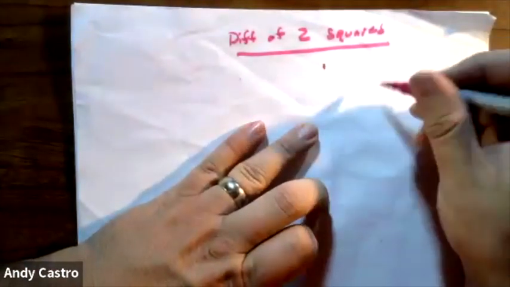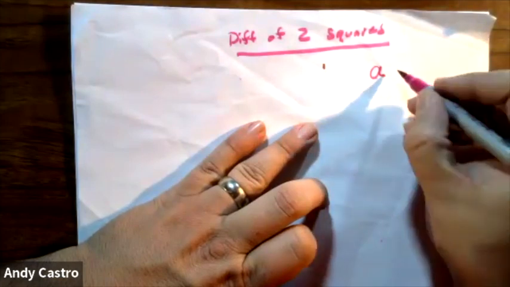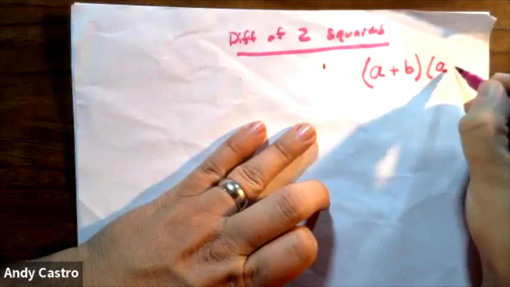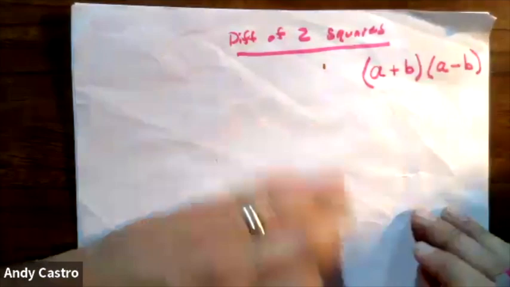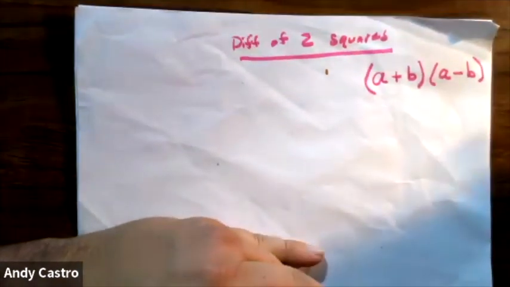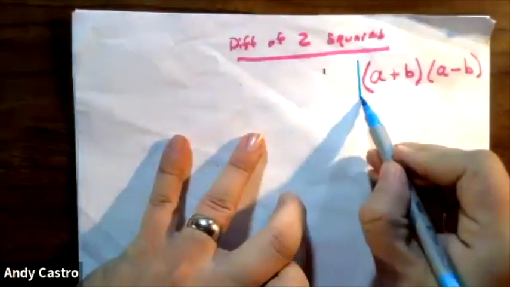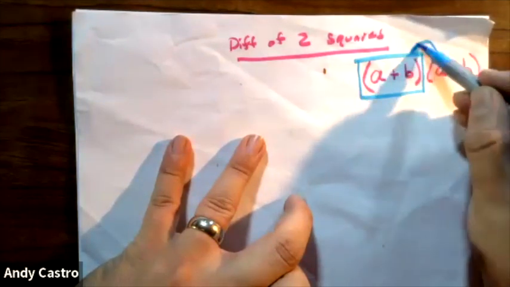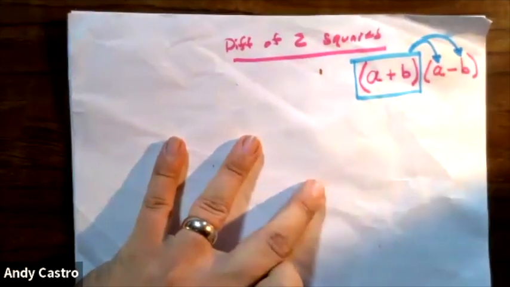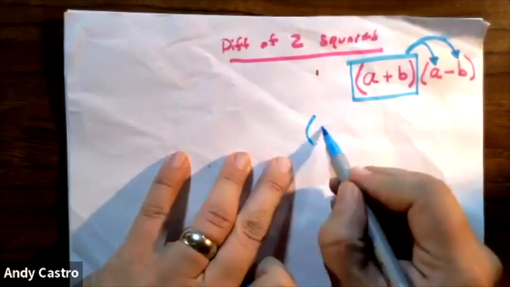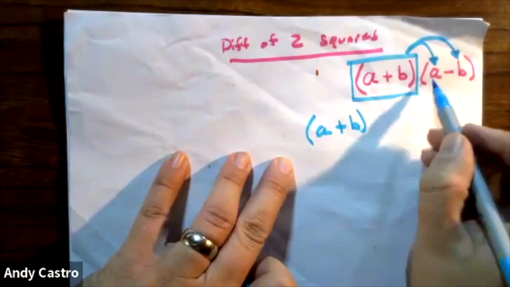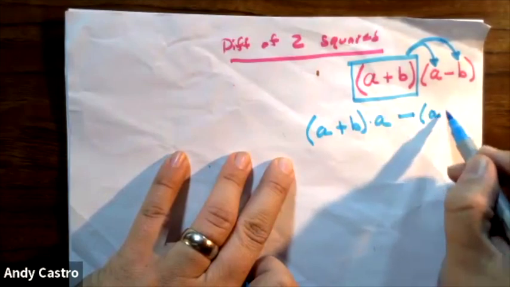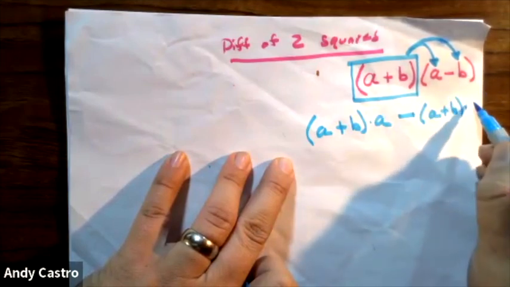So if I have A plus B and I multiply that times A minus B. Okay, let's see what happens. So I'm going to take this quantity right here and I'm going to multiply it into this A, and then I'm going to multiply it into that negative B. Okay, so I've got A plus B times the quantity A, then minus A plus B times the quantity B.